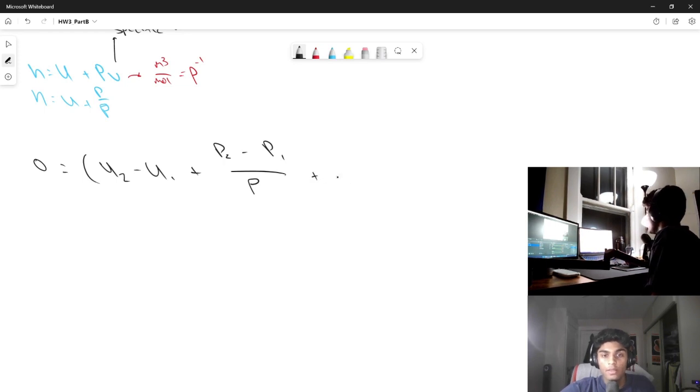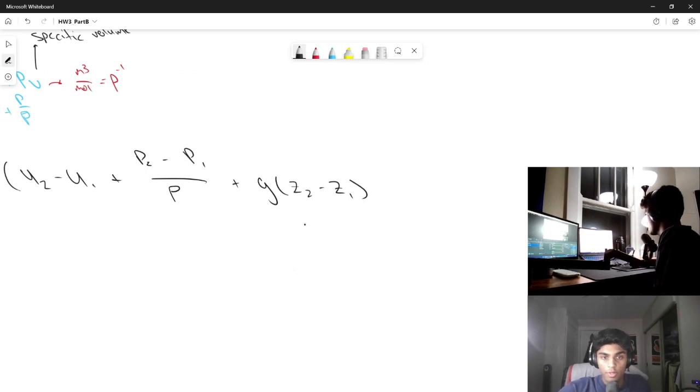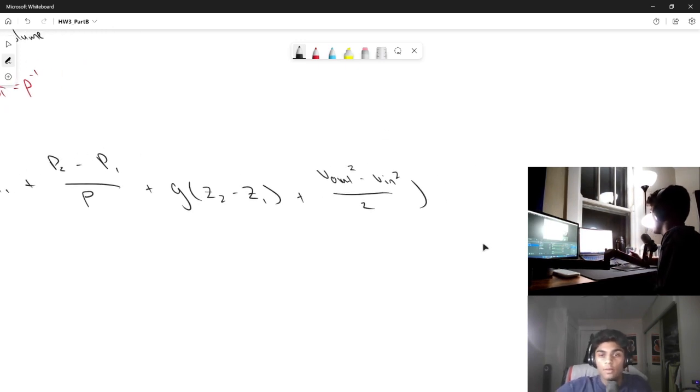Then we're going to add the difference in the gravitational potential energies. And lastly, we're going to have the difference, V out squared minus V in squared, over 2. And of course, the differential amount of heat plus the differential amount of non-flow work.